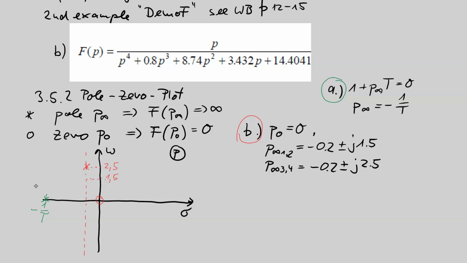Here we have an asterisk, here an asterisk, and the same with minus 1.5, minus 2.5, here an asterisk, here an asterisk. So the pole zero plot of our demo function is in red, consisting of 4 asterisks and 1 circle, and the pole zero plot of my first order low pass filter is just 1 asterisk on the negative real axis in my p-plane.